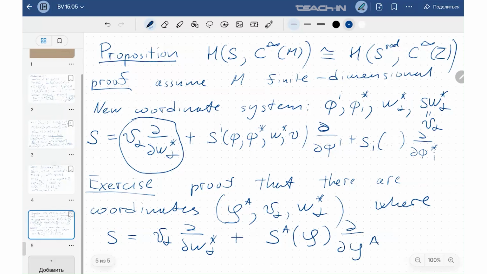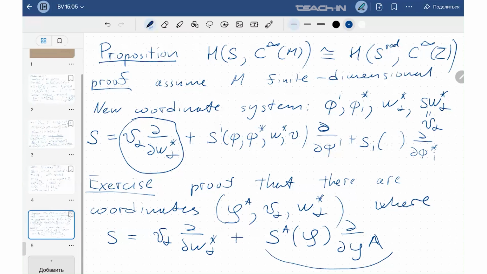And then the statement is obvious that because these two pieces of the differential do not see each other, we can conclude that variables v and w star disappear from cohomology. And this S A is precisely the restriction of S to the surface V equals 0, W star equals 0. So it's precisely the reduced differential.